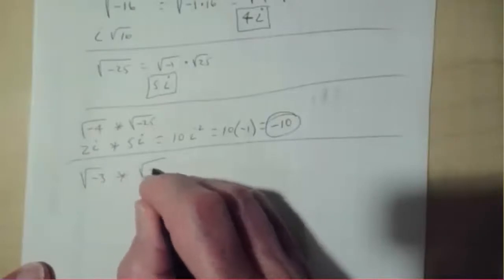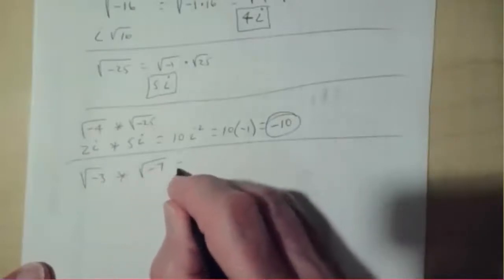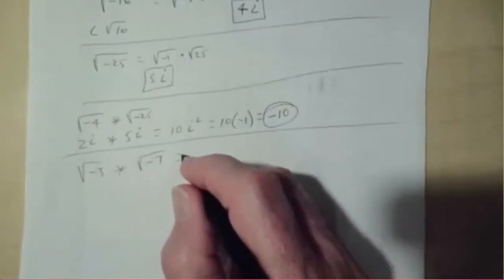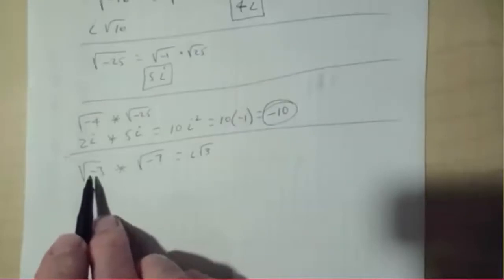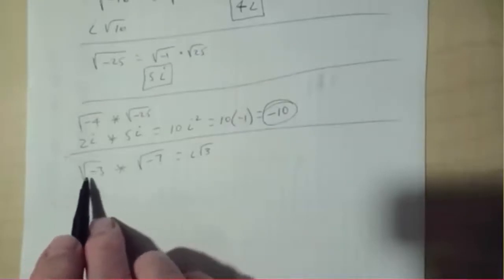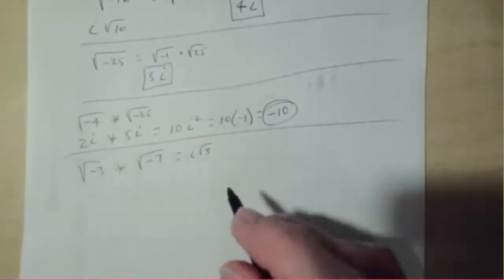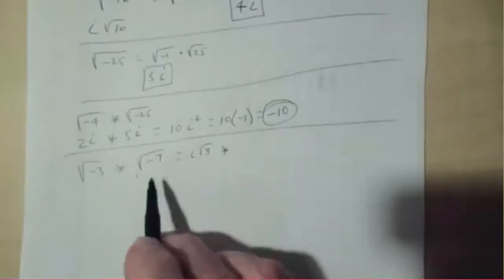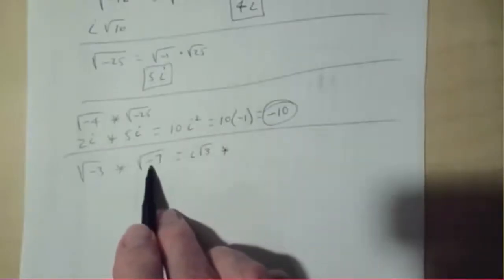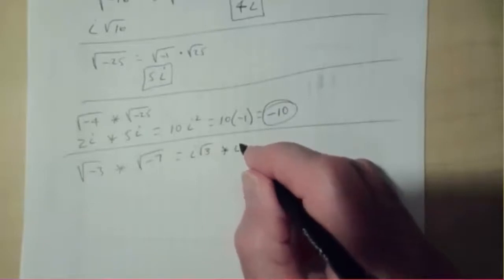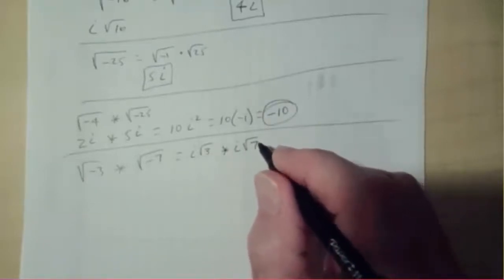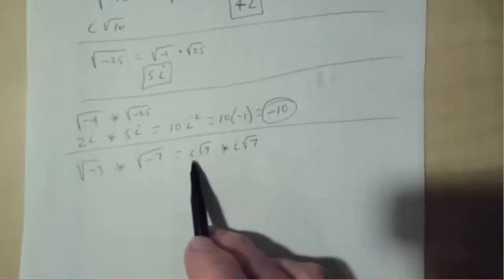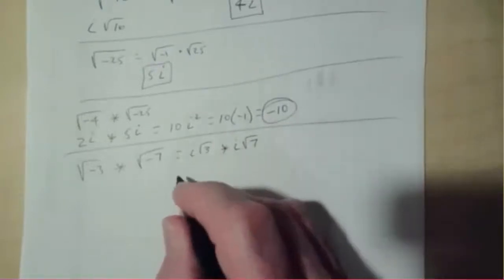Okay, and if we have the square root of negative 3 times the square root of negative 7, this equals i times the square root of 3. Remember, when you bring the negative out, it's just an i, times, and again, the square root of negative 1 is i, times the square root of 7.